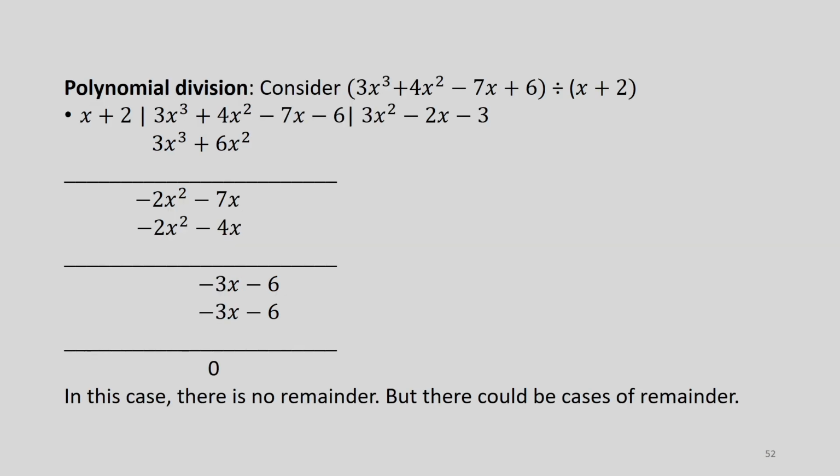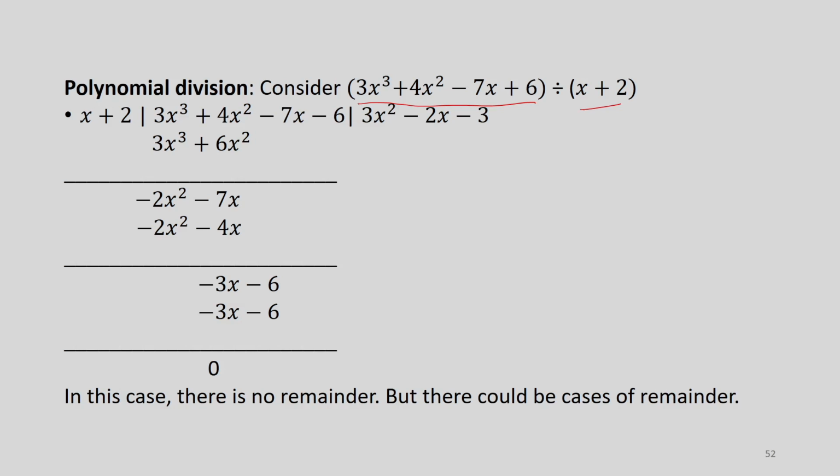We come to another operation of polynomials. This is called polynomial division. So, consider that we are dividing this polynomial, 3x cube plus 4x square minus 7x plus 6, by x plus 2. X plus 2 is also a polynomial in some sense.